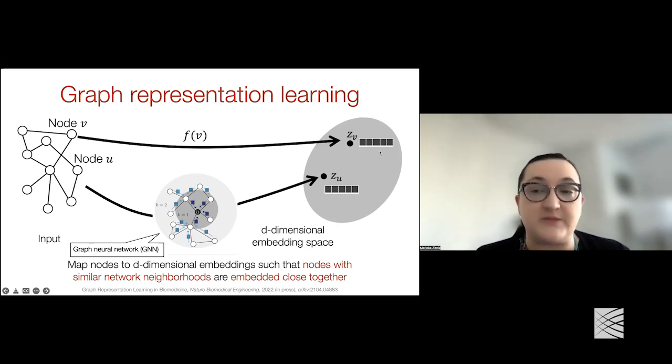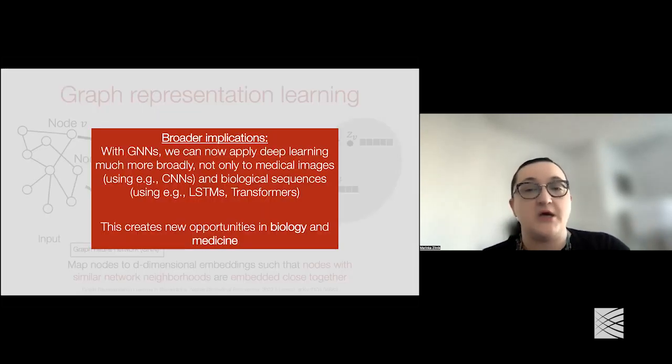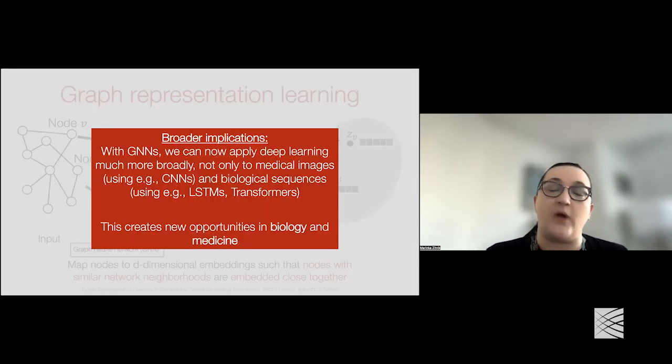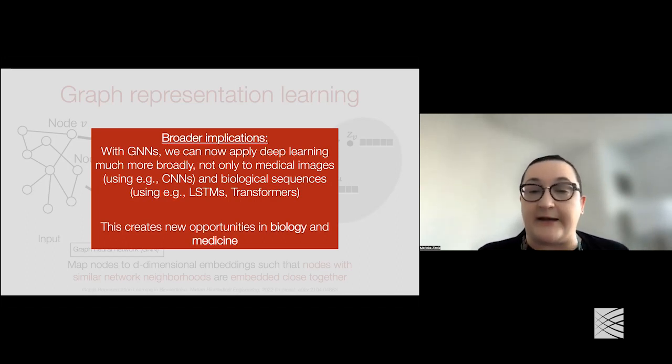And once that embedding space is built by the algorithm, then it can be used to train various downstream prediction tasks. So the broader implication is that now that we have powerful representation learning algorithms developed, and there are many architectures that can learn those representations automatically, we can apply deep learning much more broadly.